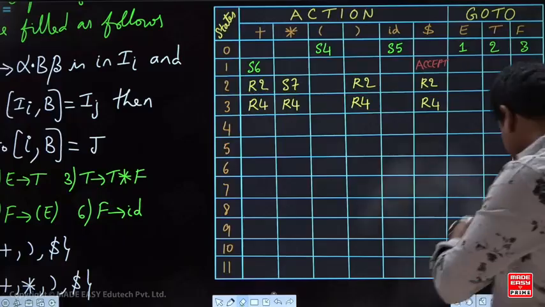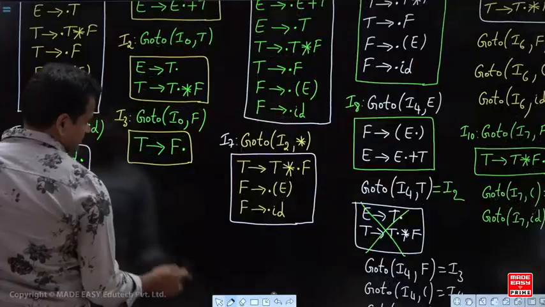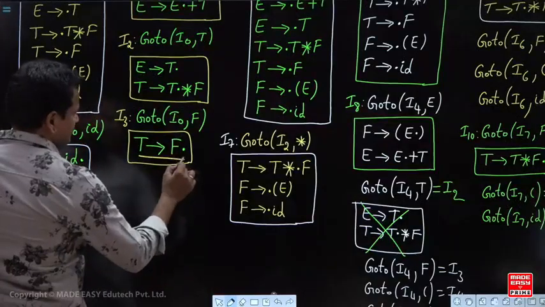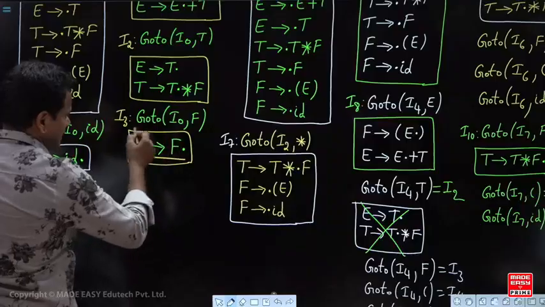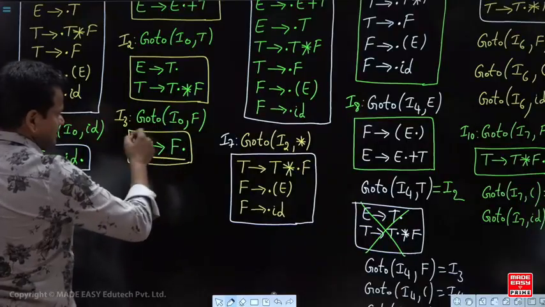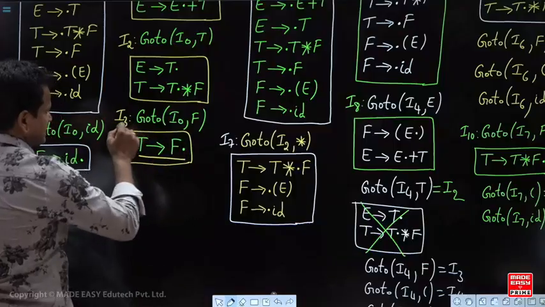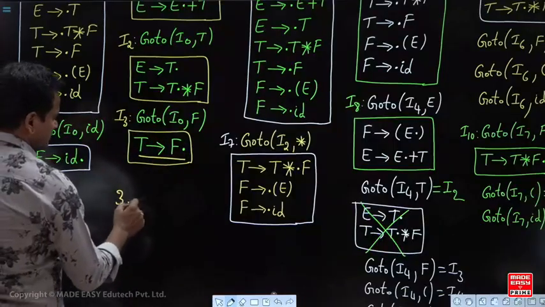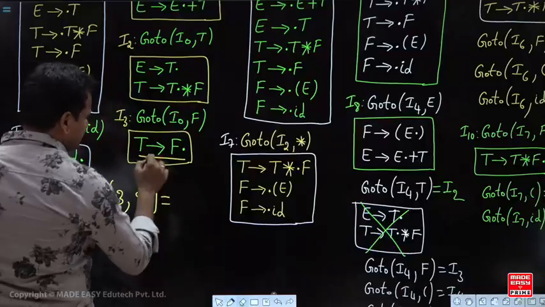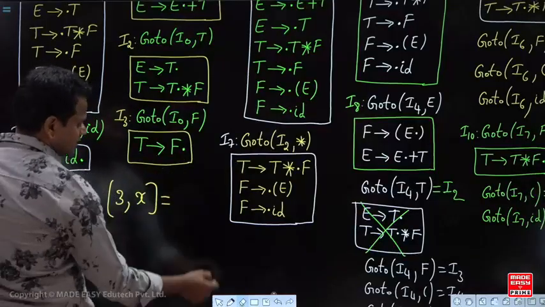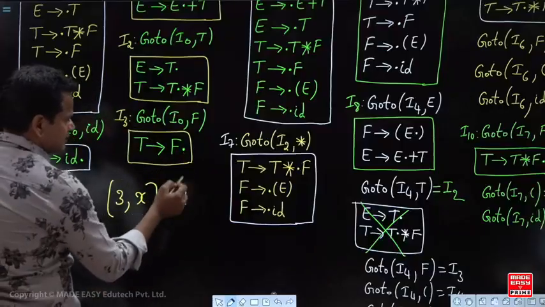R4. Okay. Look at this. For this state, the production we are writing, and this production is in this state. What is the name of the state? The name of the state is I3. Therefore, third row, xth column. And have you observed here the dot reaches the end? Whenever the dot reaches the end, we write the reduce.